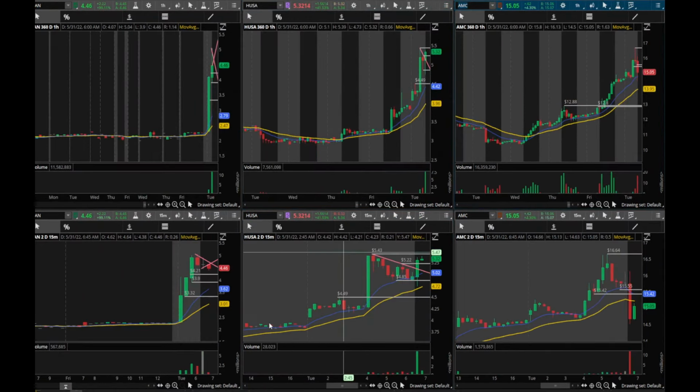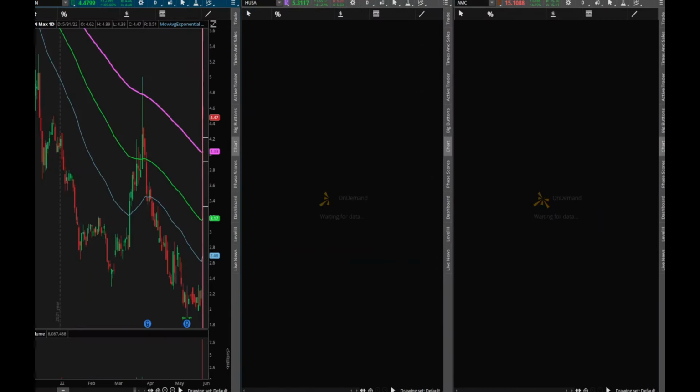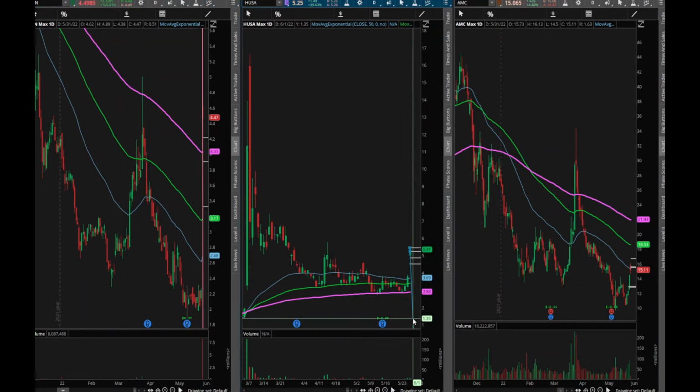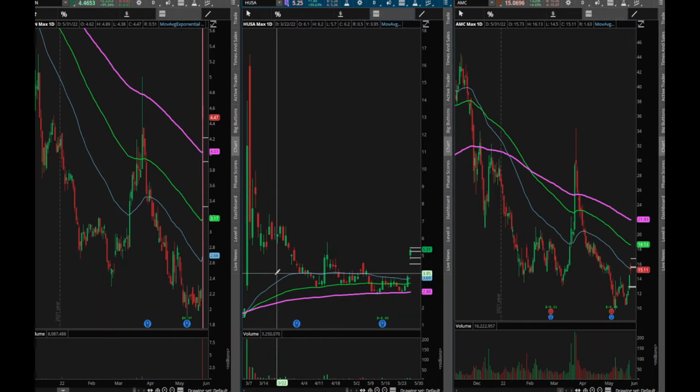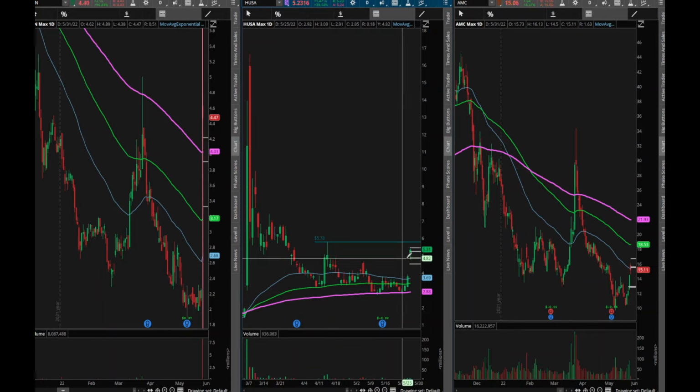And then on the daily, where's the daily? We get rid of the pink line. So what do we have for daily levels? We have $5.78. So we got a little room up to that.